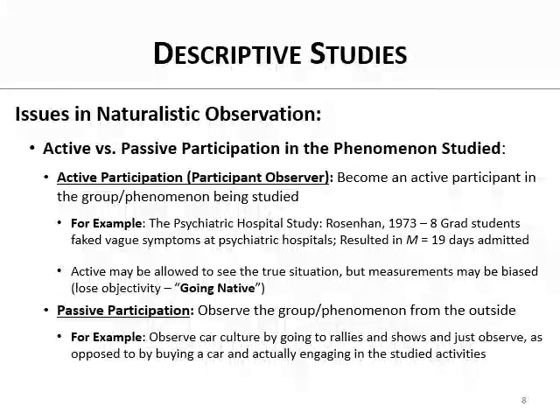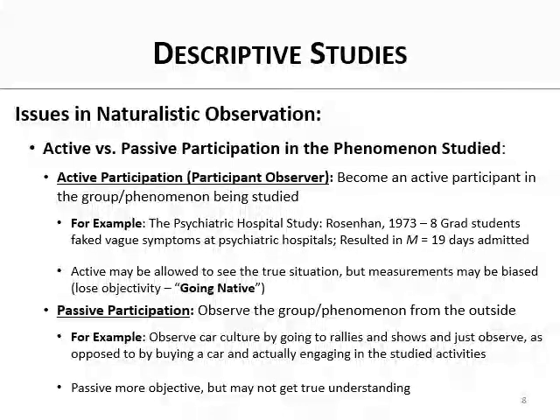So that would be an active participant. So passive participation, you tend to get more objective sort of data out of them, but where they sort of fail is that you're less likely to get a true understanding of the behaviors because you're not participating actively.